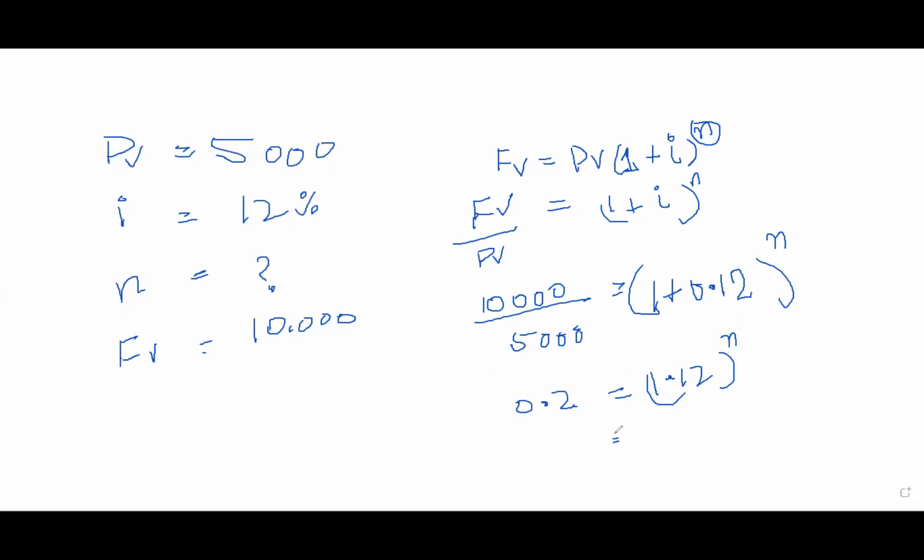Now what we need to do to make this n over here? This n is in power and we need to take it down. So what is the solution? We need to take log on both sides.